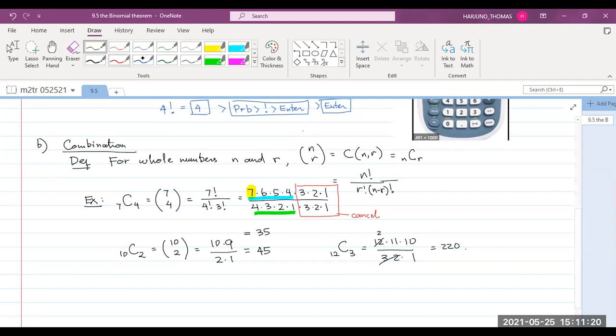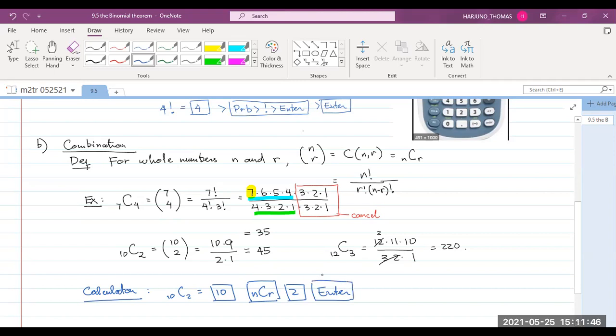If you want to use a calculator, the idea is you will punch, let's say, 10 combination 2. You punch the 10 first, then NCR, then the 2, and then enter. The thing is where you find your NCR.